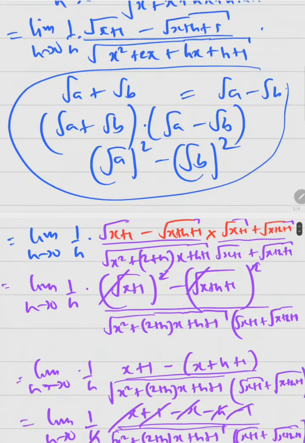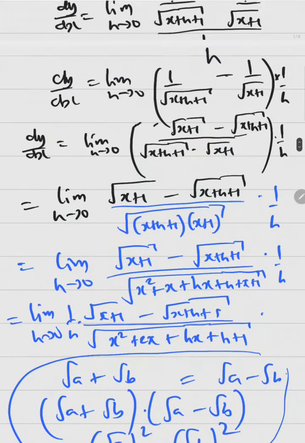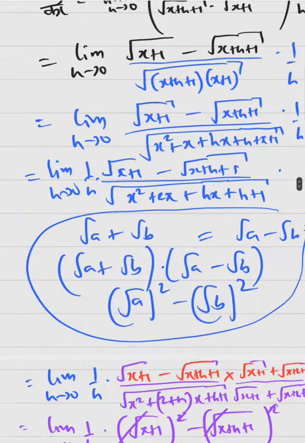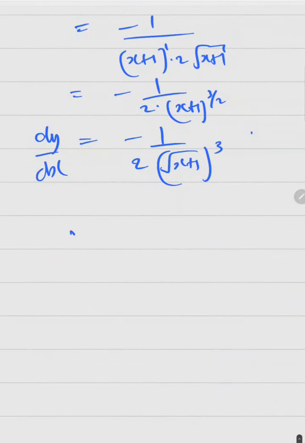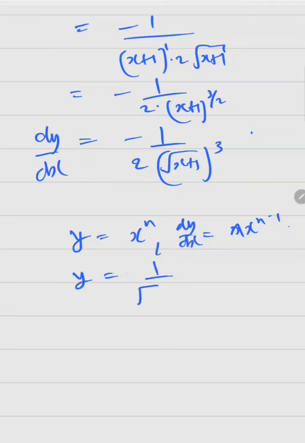And you can verify by a quick method, the power rule method. Recall, when I have y equals x raised to power n, my dy/dx is nx raised to n minus 1. I hope you understand now. And you know, my y was given to be 1 divided by the square root of x plus 1, which I can rewrite as x plus 1 raised to minus half, right?